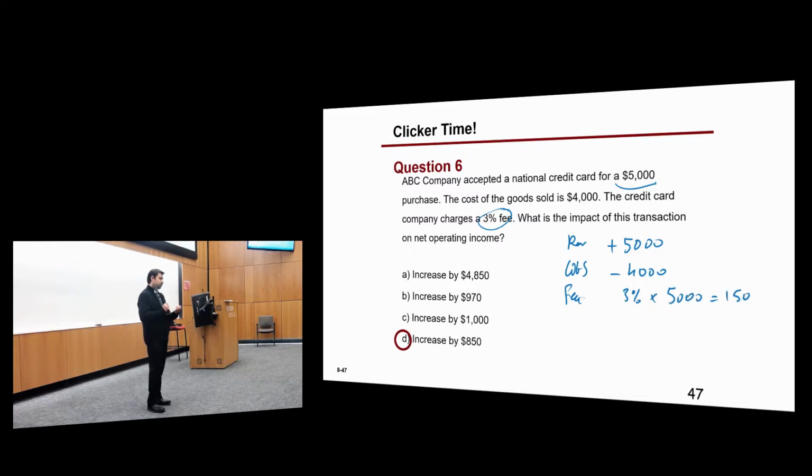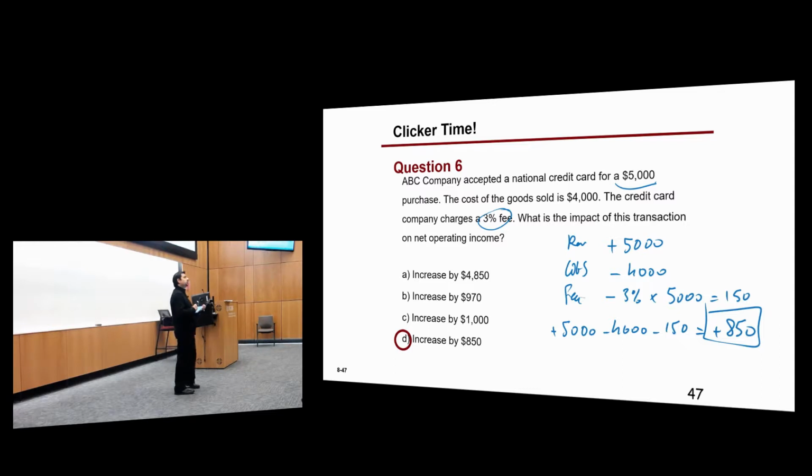That's 150. It's not multiplied by 1,000, and it's not by 4,000. It's by the 5,000. The fee is an expense, so it's minus. So the total effect will be plus 5,000 minus 4,000 minus 150. That will be plus 850. This is the effect on net income. So it will increase net income by $850. Any questions?